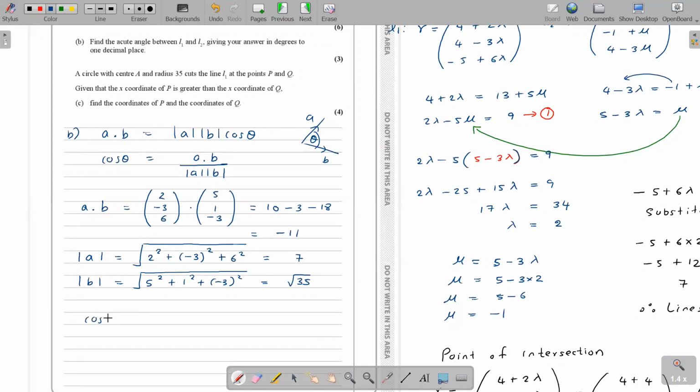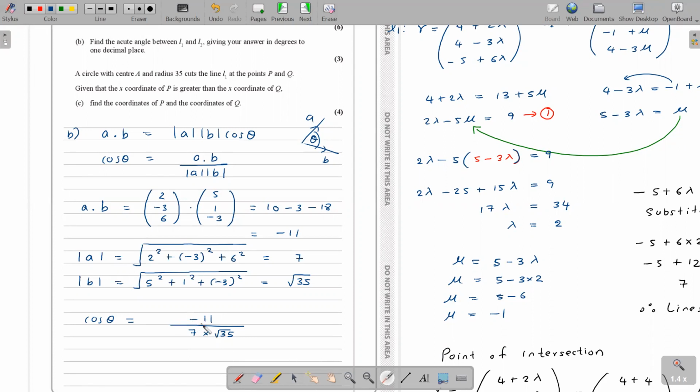Let's get the angle. Cos theta is A dot B, which is minus 11, over modulus A, which is 7, times modulus B, which is root 35. By the way, if you take the cos inverse of this value, you will definitely get an obtuse angle, because A dot B is a negative answer. So you can subtract this answer from 180.